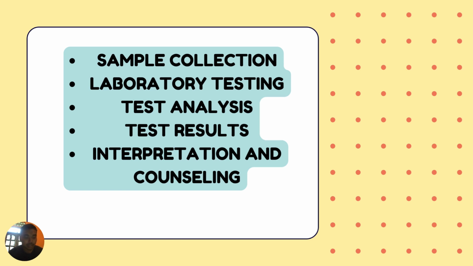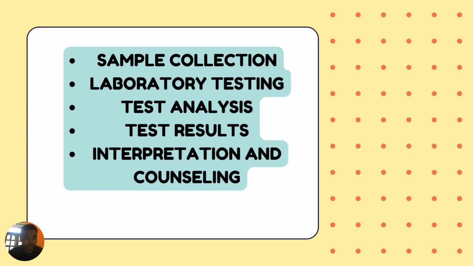Third is test analysis. The sample is analyzed in the laboratory to detect the presence of specific antibodies related to a particular infection or disease. This can help determine if the person has been previously exposed to the infection or if they have developed immunity.